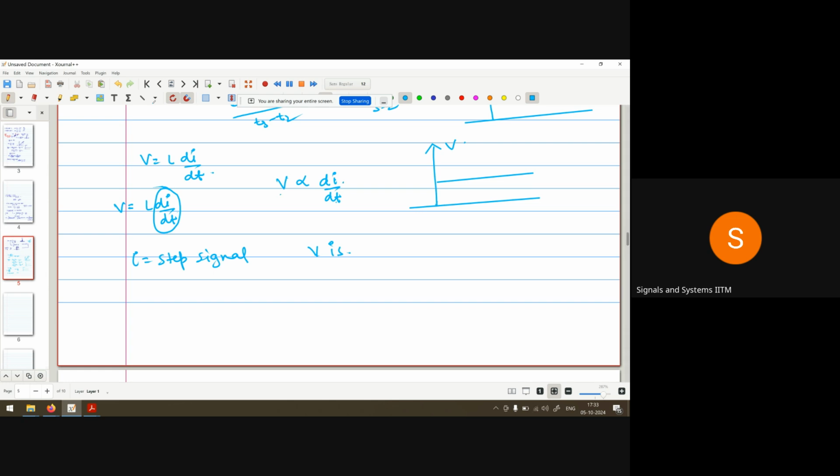So voltage is basically an impulse signal. And if I is a ramp signal, voltage is a step signal. So if my voltage is a step signal, the current is a ramp signal.